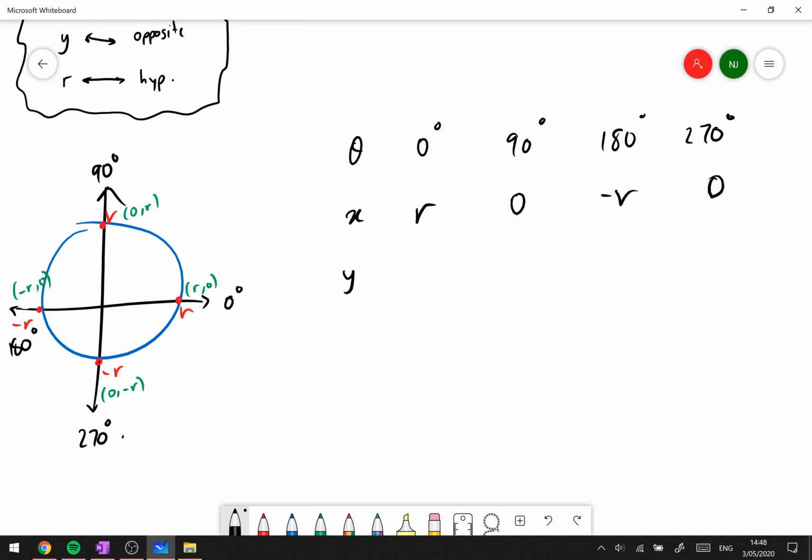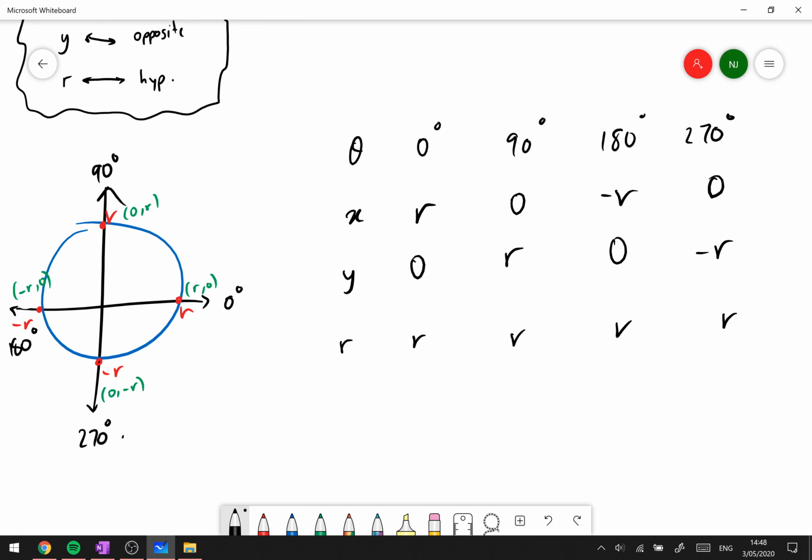So my y value, my y ordinate at 0 degrees is 0. At 90 degrees it is r, 0, minus r. Okay, and my r length is always r long.